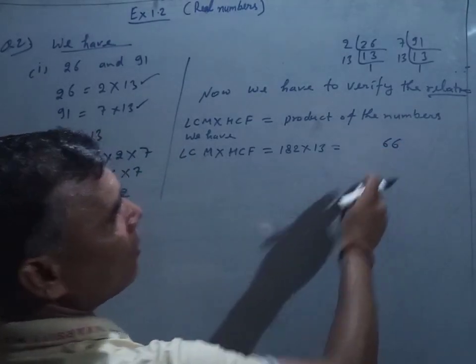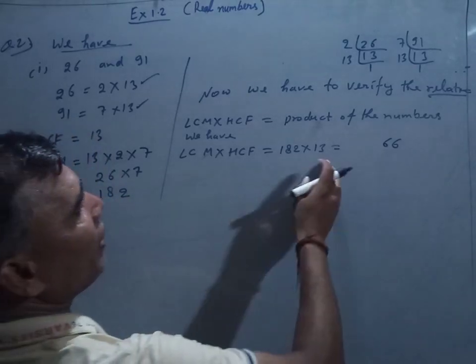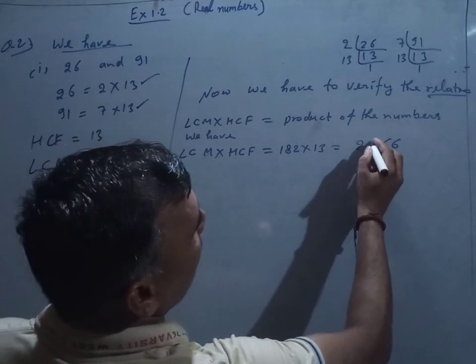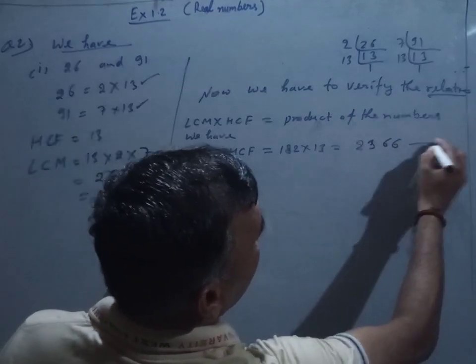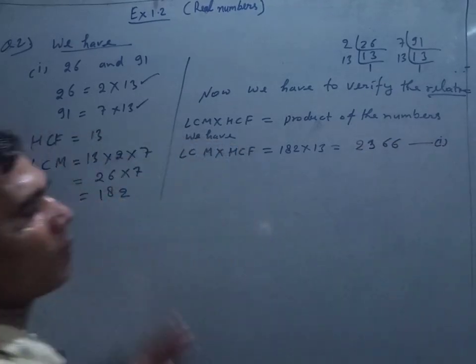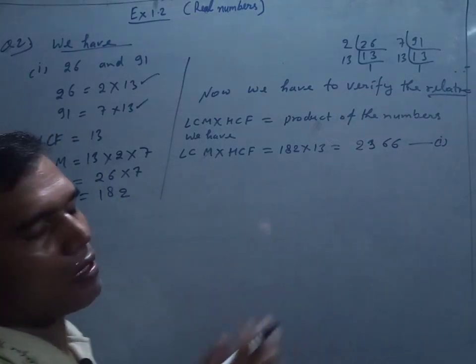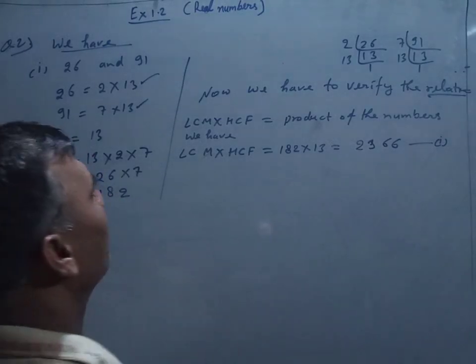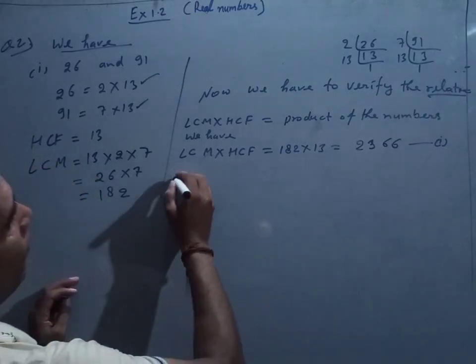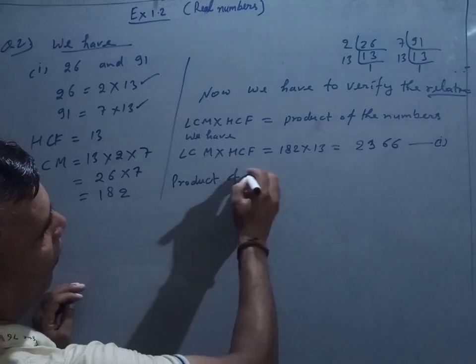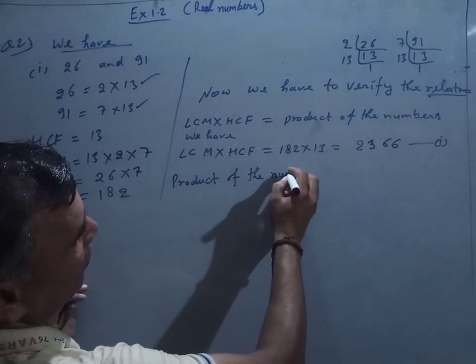We put the unit place and 10 carry. 13 ones are 13 and 10 plus 13 is 23. This is the first equation, because we have to prove and verify the relation. So we put the first relation. Here now the product of the numbers.